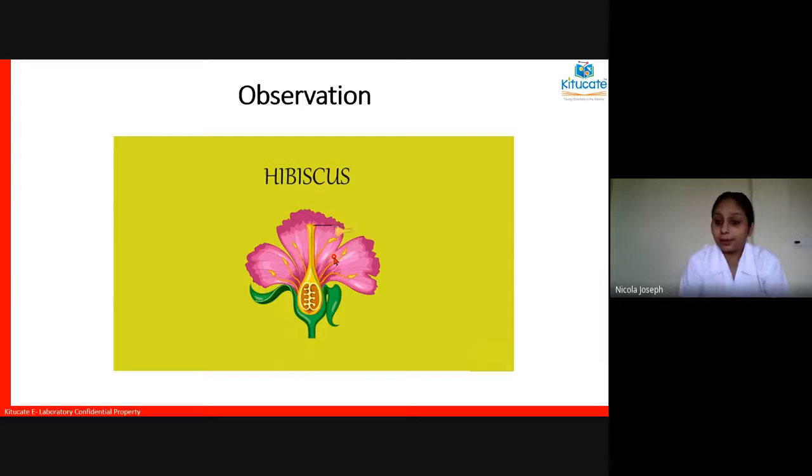You all have to first remember the 4 basic parts. Sepal, petal, all of you all know. Stamen and pistil. Stamens are the thread-like portions coming out from the side, and the center portion is called the pistil.